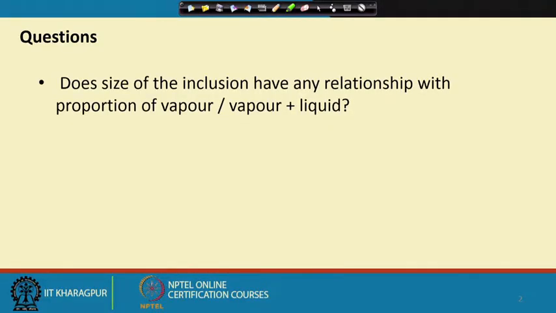So, we ask ourselves whether there is any correlation between this inclusion size and the parameter which we generally see in the context of the aqueous biphase inclusions, which is a vapor and liquid situation, and we see that the vapor proportion visually differs in great ranges.